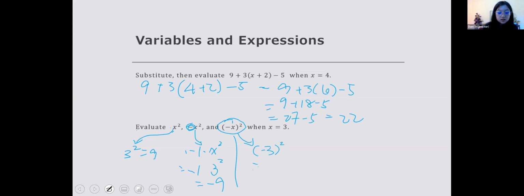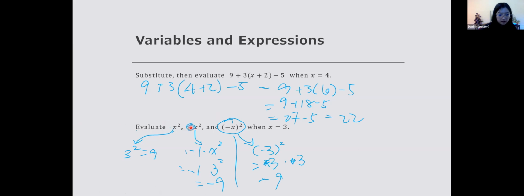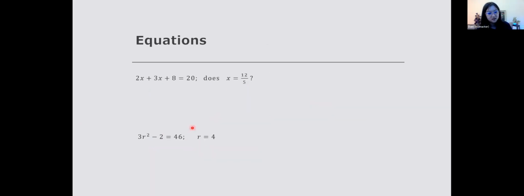And we know that because two negatives make a positive, these two negative signs cancel out. So this will be equal to 9. So just notice how when a negative sign is in the parentheses, it's different from when it's not within the parentheses.